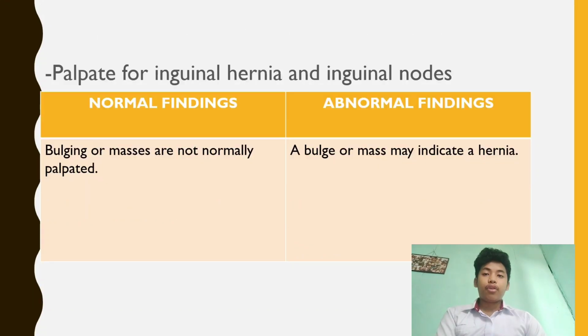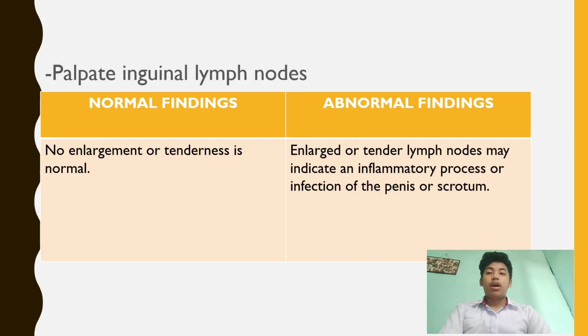Palpate for inguinal hernia and inguinal nodes. For the normal findings, bulging or masses are not normally palpated. For the abnormal findings, a bulge or mass may indicate a hernia. Palpate inguinal lymph nodes.